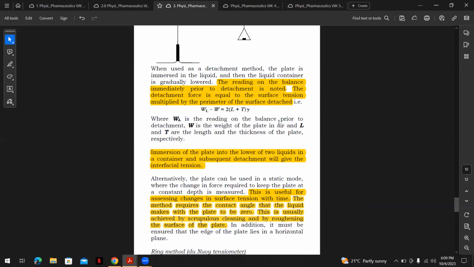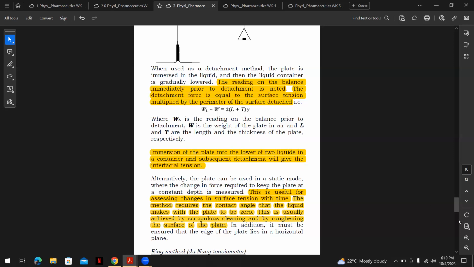the plate was immersed slowly into the liquid, and it's 2 immiscible liquids. I don't know if you saw that. As you saw, that one was automated, but according to this note, they take the reading on the balance prior to detachment. So while the plate is inside the liquid, they make a reading, and when the plate is detached, they also make a reading.